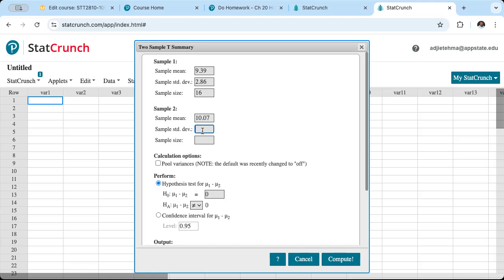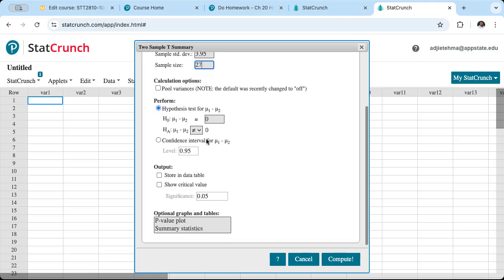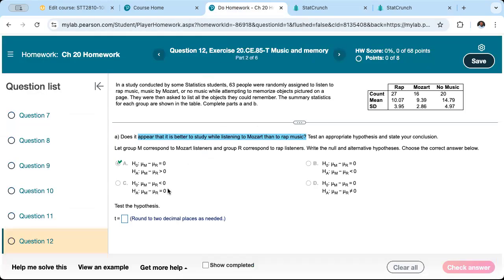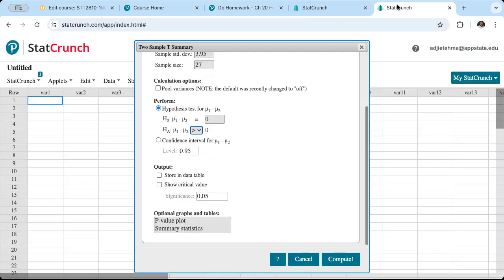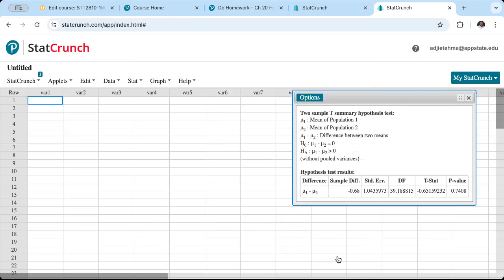The standard deviation is 3.95. And then the sample size is 27. And so now we have to change this to greater than. Is that okay? We just need to make sure that the hypothesis here matches the right answer we chose from here. And then we can hit compute.